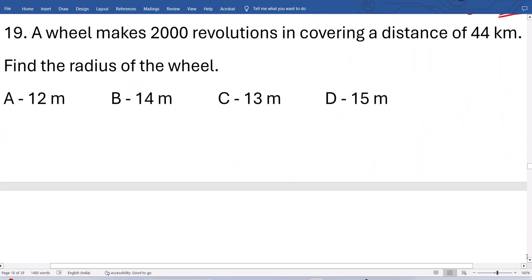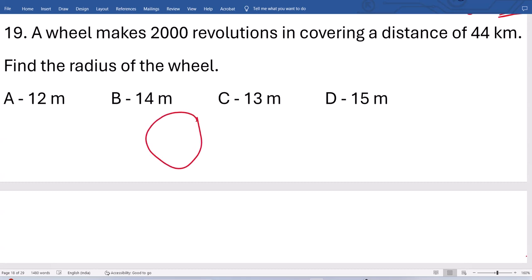Now this one: a wheel makes 2000 revolutions in covering a distance of 44 kilometers. Find the radius of the wheel. How many times has the wheel rotated? 2000 revolutions. One revolution equals 2 pi r.